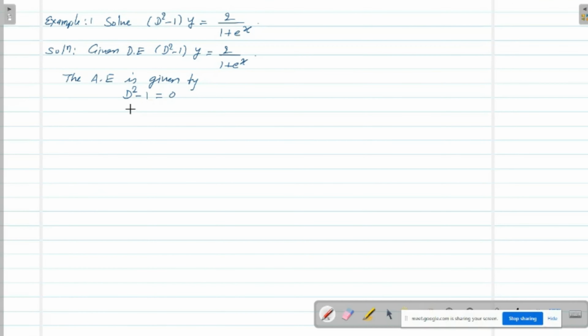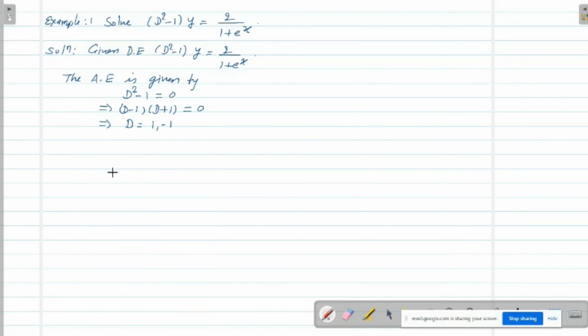Okay, so we will have two roots. We have two factors, D minus 1 and D plus 1, and this equals 0. So you will get D equal to 1 or minus 1.